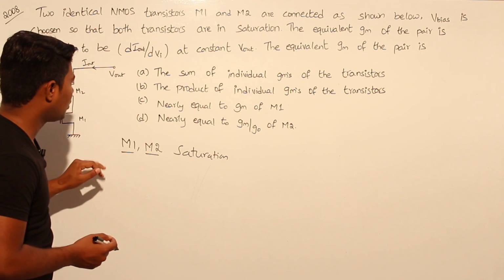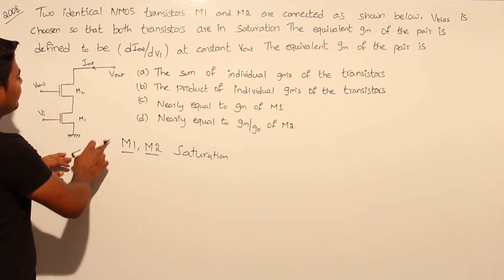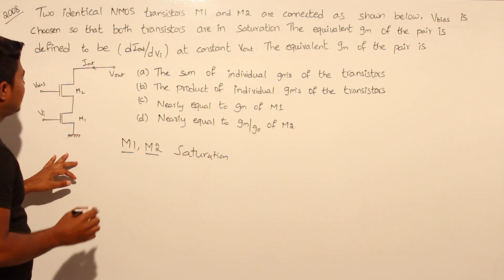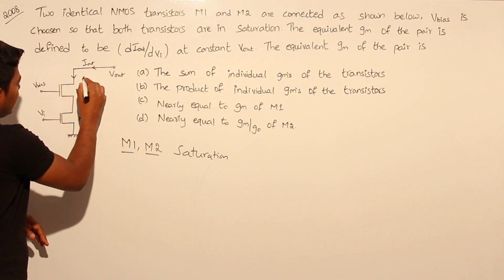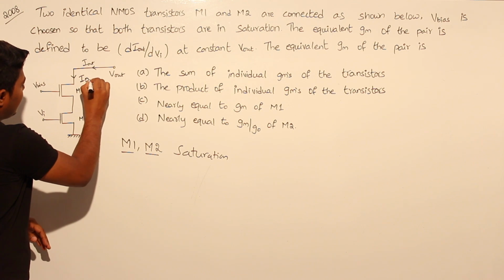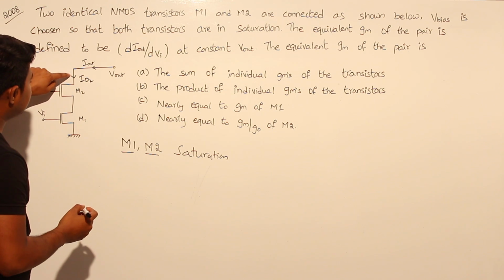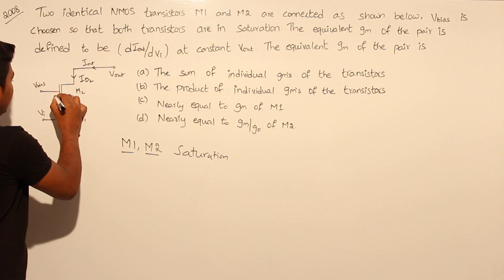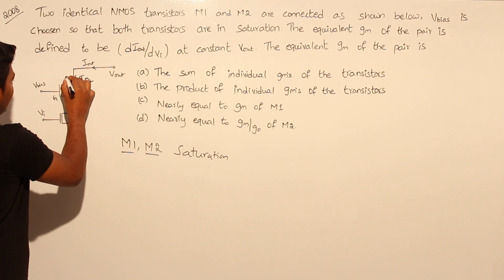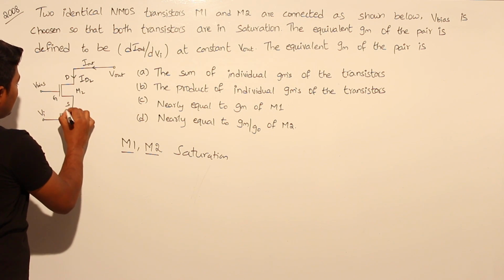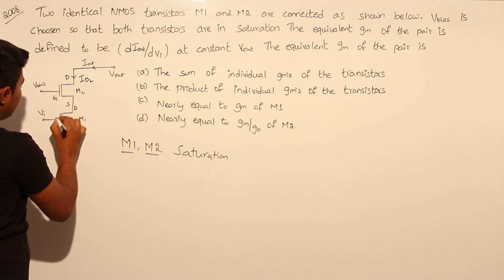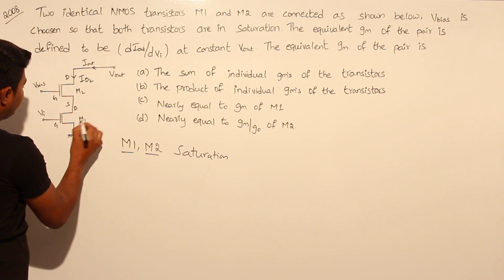Now, if you observe this diagram, this is Vout, Iout is the current through it. Let ID2 be the current through M2. This is the gate, this is the drain, this is the source, and for this one this is the drain, this is the gate, this is the source.